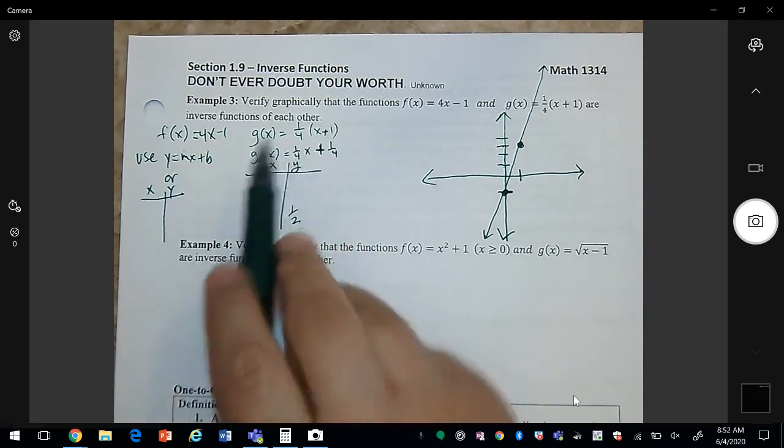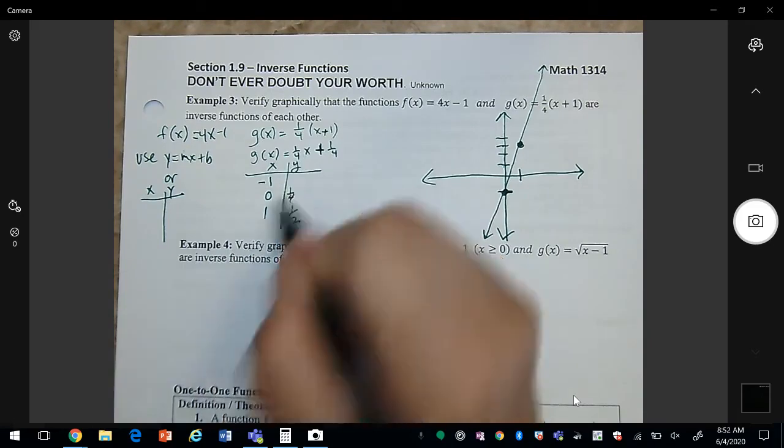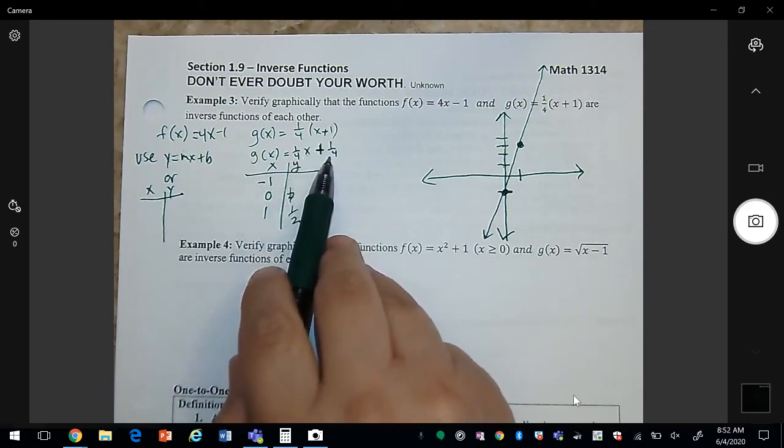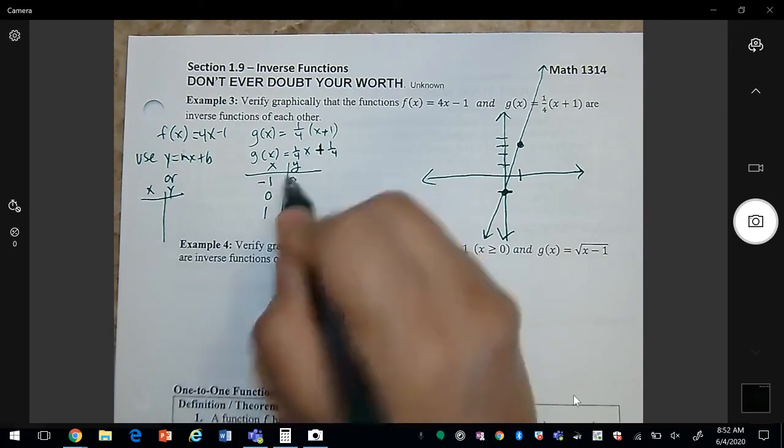If I plug in 0 here, then I get 1/4. And if I plug in -1 here, I get -1/4 plus 1/4, which would be 0.